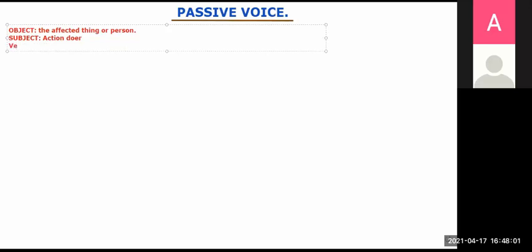Now, another thing we also have to look at when you're doing a passive is the verb, okay? The verb is the action itself. So what is the action in question? What action are we looking at? Now, we use a passive for two main reasons. When someone asks me, why do we actually use a passive? It's not necessary.